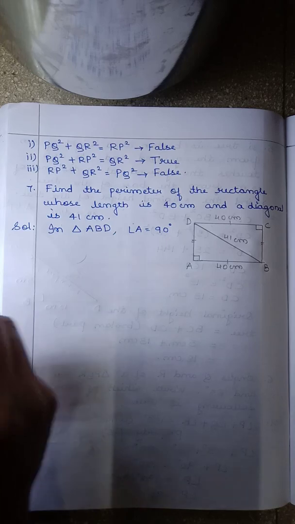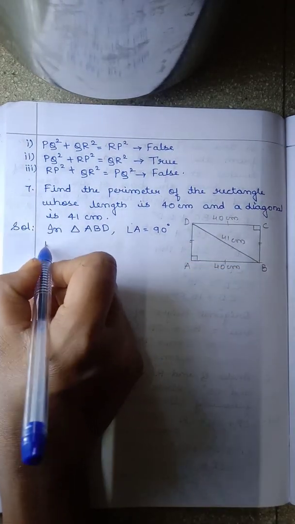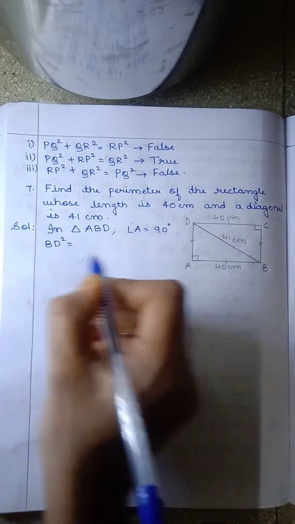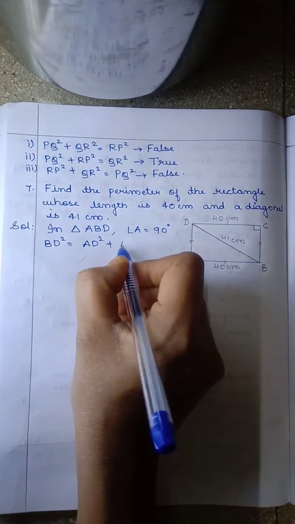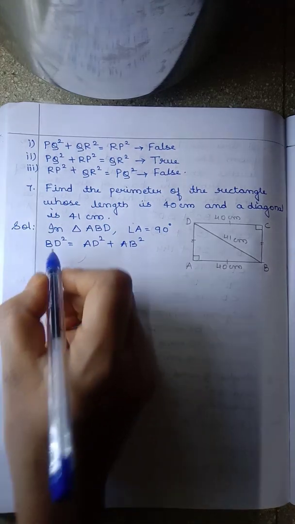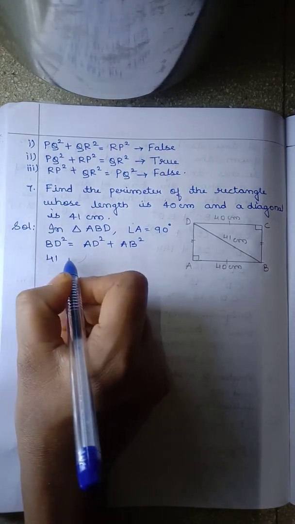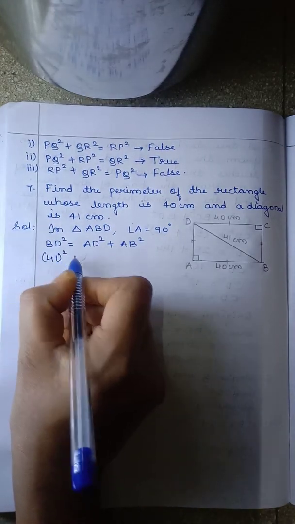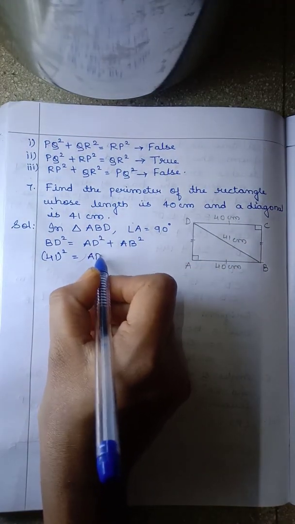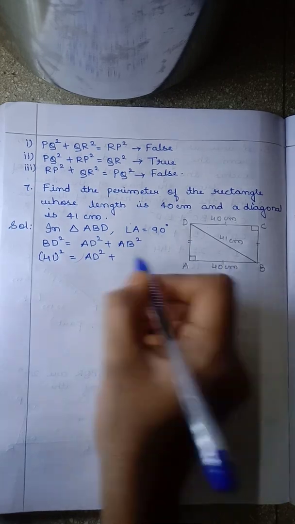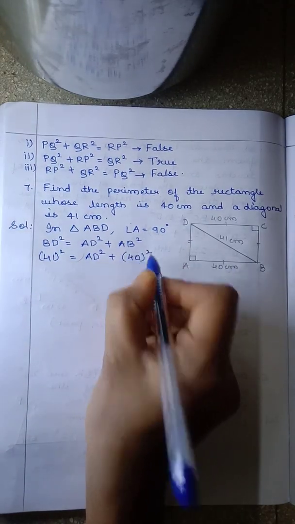Opposite to this will be the hypotenuse, that is BD square is equals to sum of the squares of the other two sides, that is AD square plus AB square. BD is given as 41, whole raised to square, is equals to AD, we have to find, plus AB, AB is nothing but 40, whole raised to square.